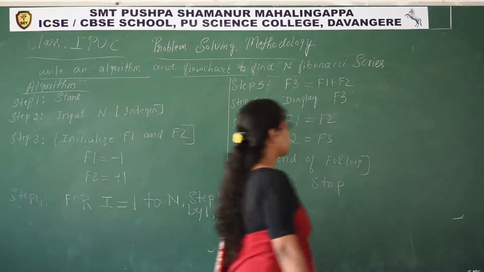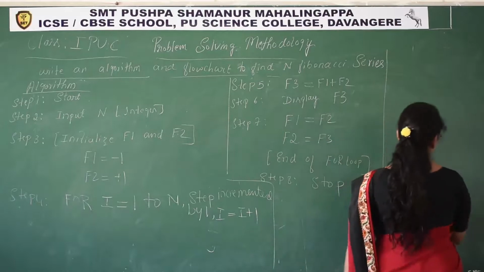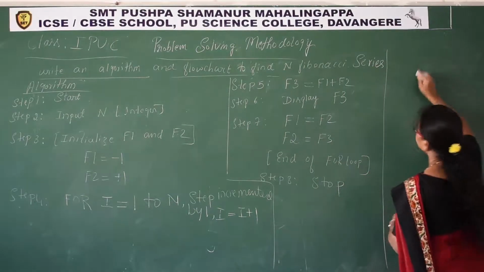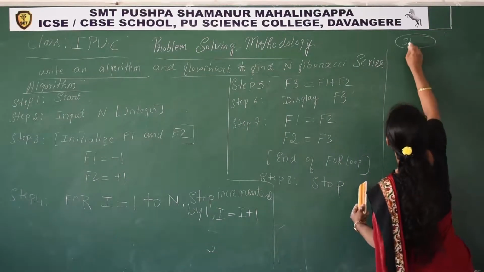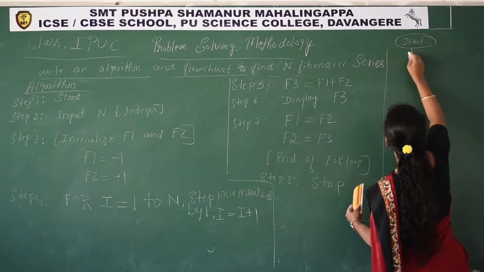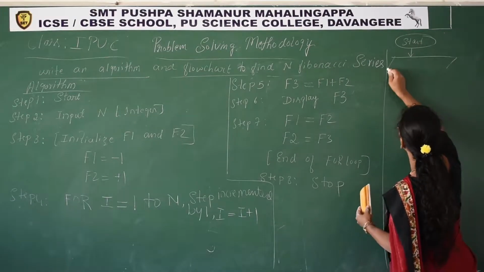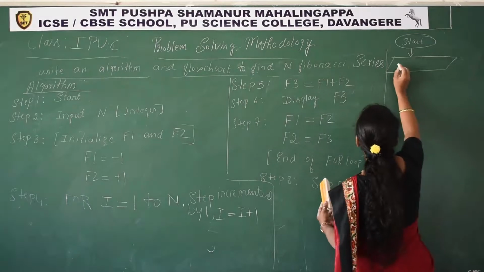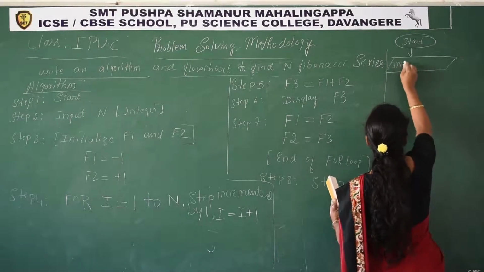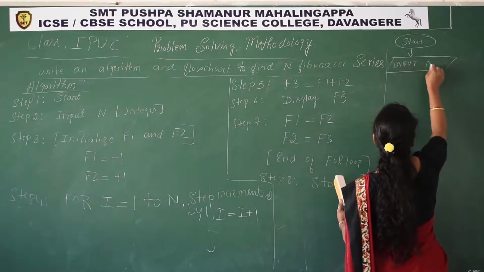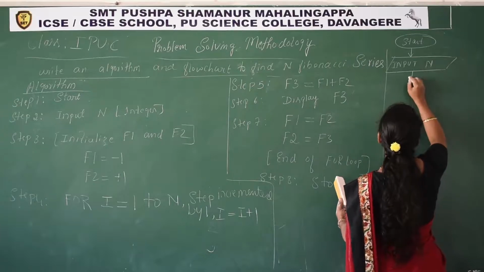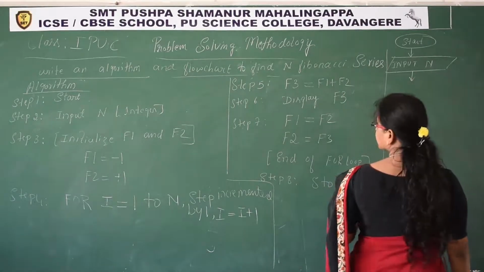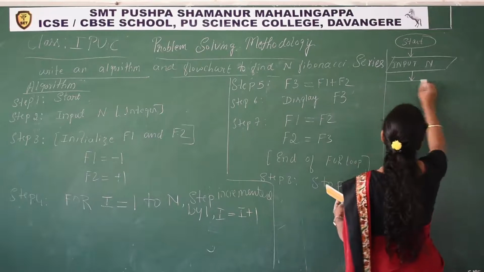Now flow chart. Start, parallelogram for input, input n. Next, initialization in a rectangle.